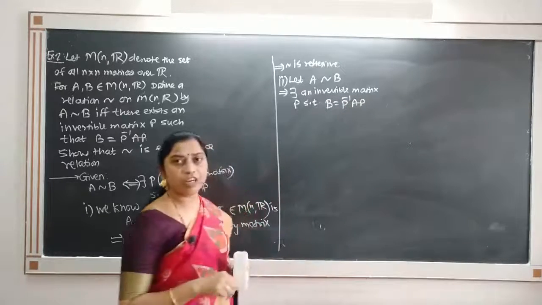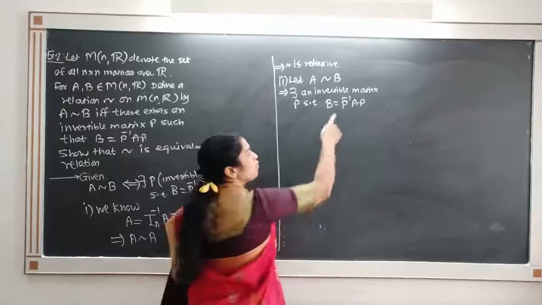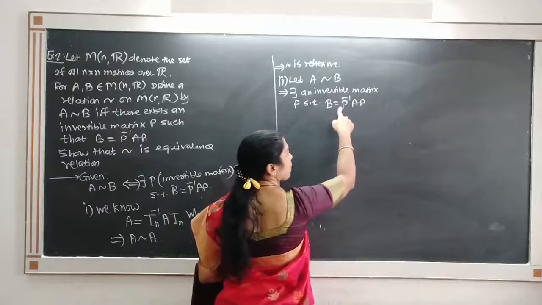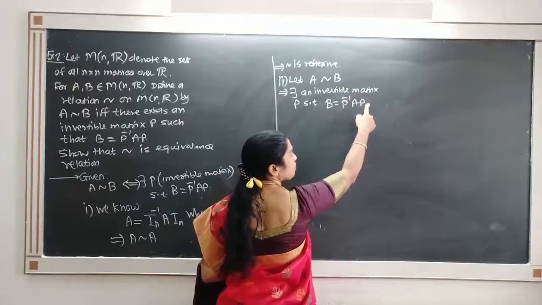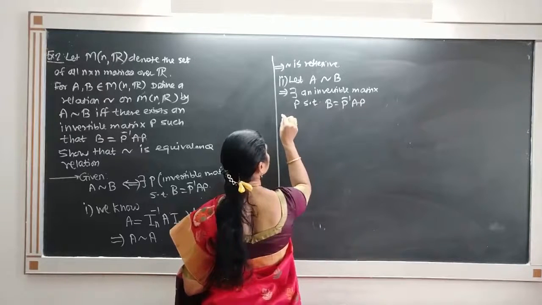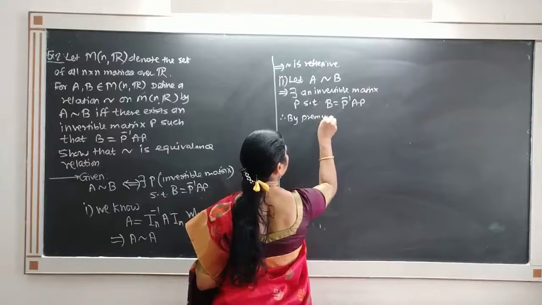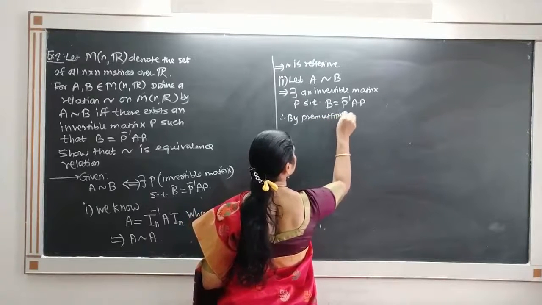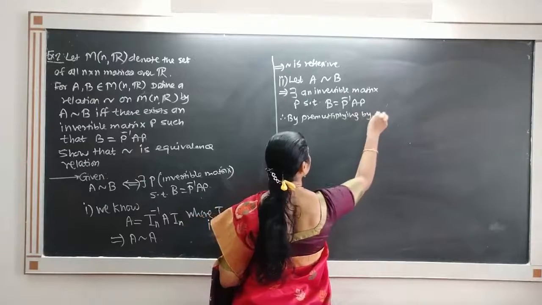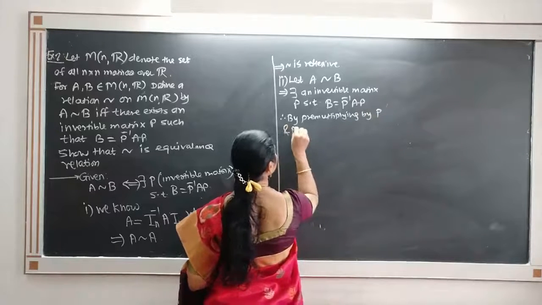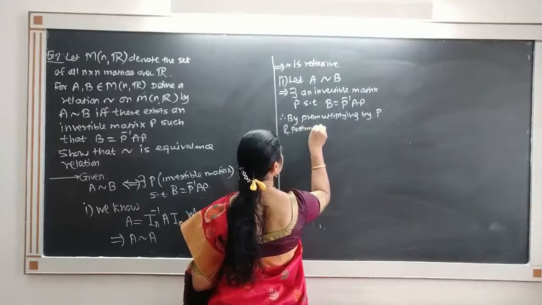Because P is an invertible matrix, we will pre-multiply by P and post-multiply by P inverse on both sides.